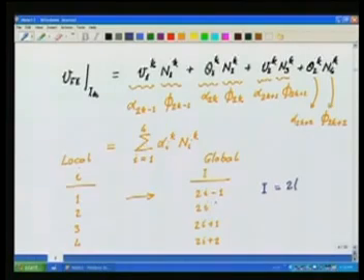Actually I have made a mistake here. The global I is equal to 2k minus 1 plus i. If I write it like this, you check that for i equal to 1, this becomes 2k minus 1, for i equal to 2, it becomes 2k, for i equal to 3, it becomes 2k plus 1.